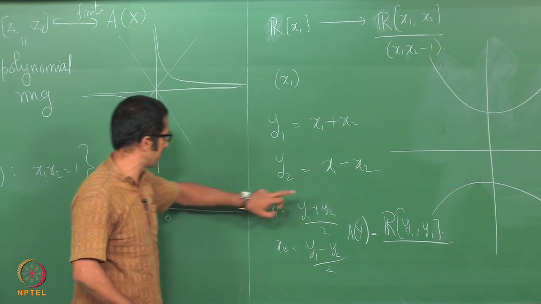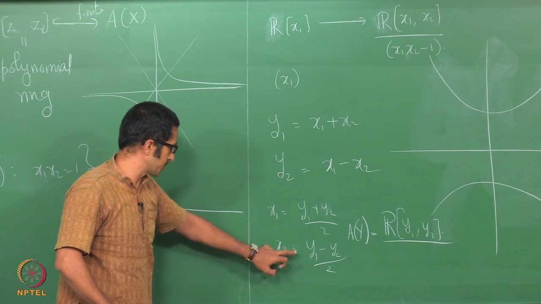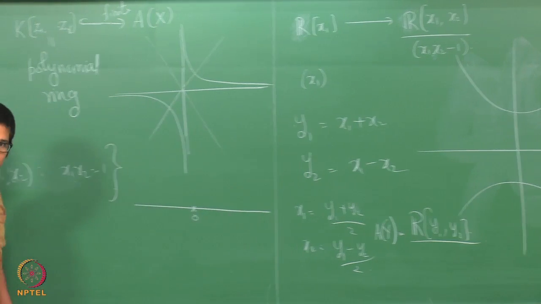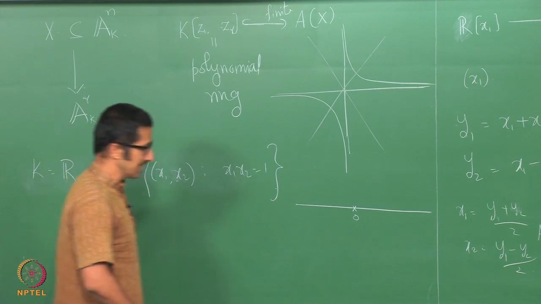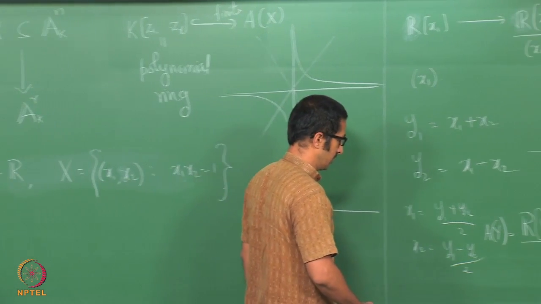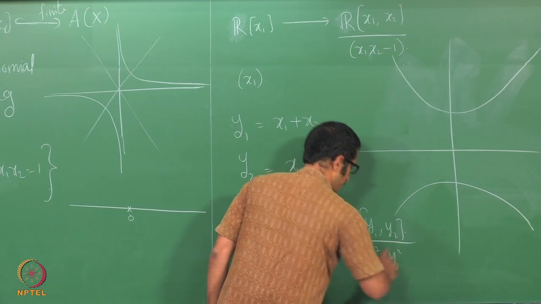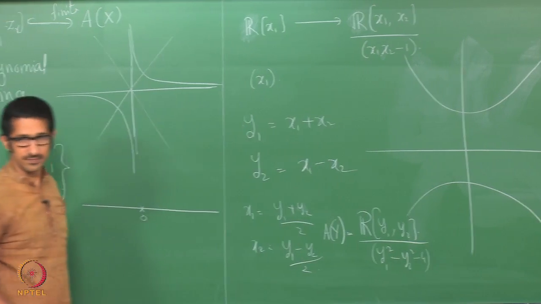So, if I take x 1 x 2, the product, this becomes y 1 square minus y 2 square by 4.